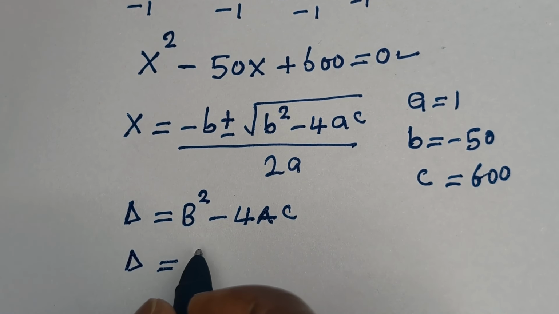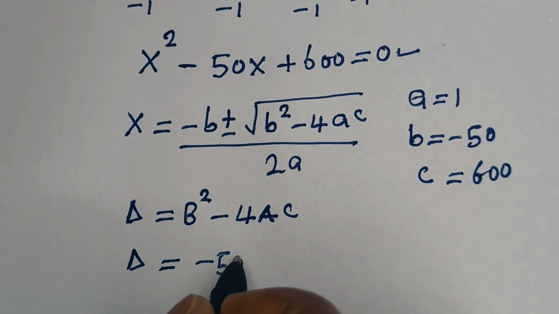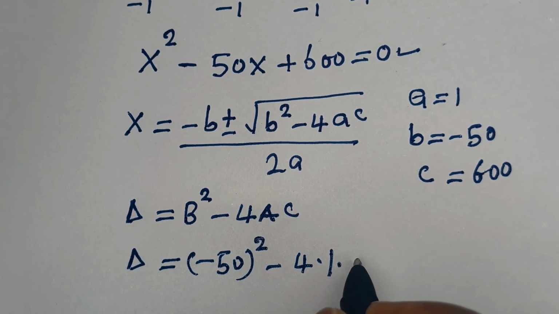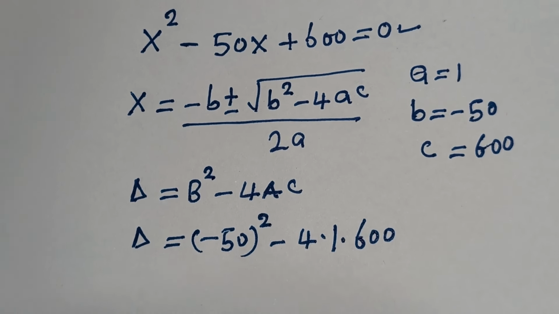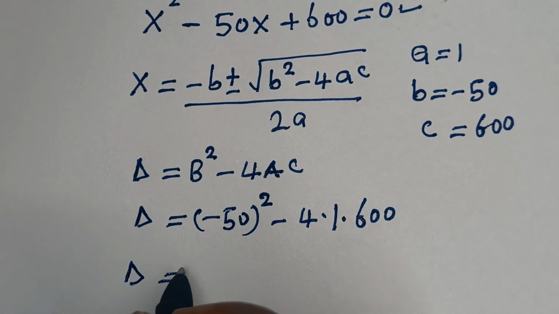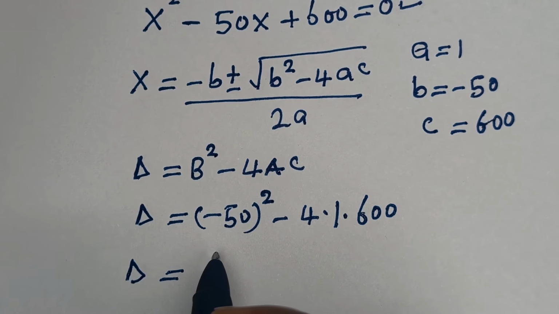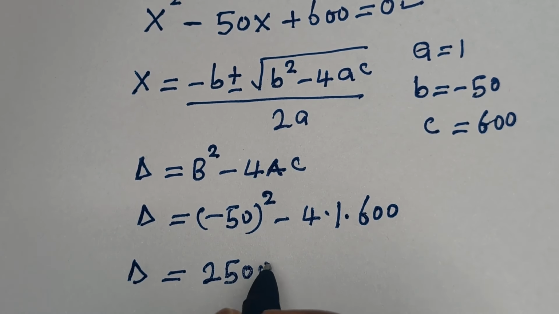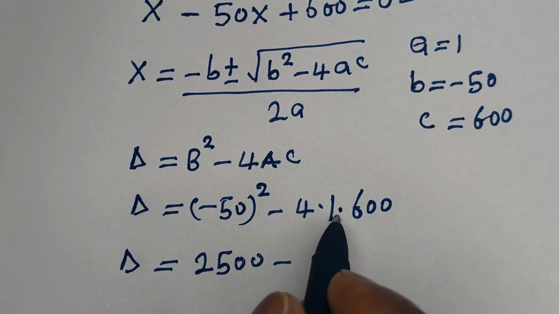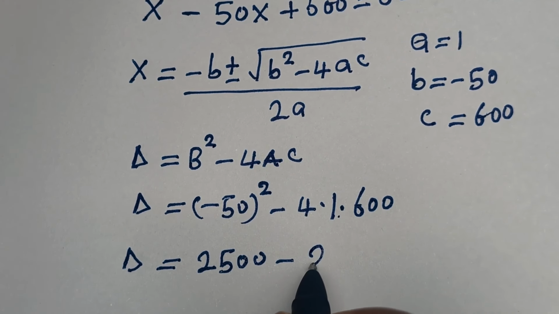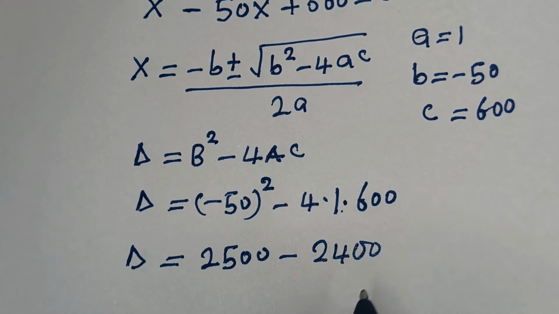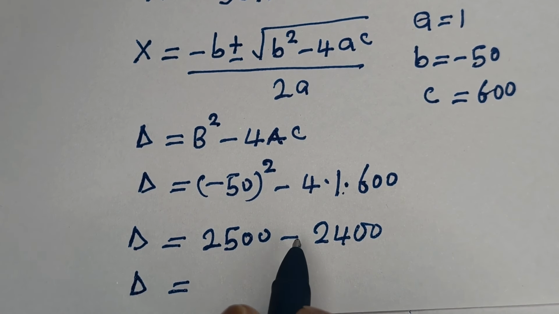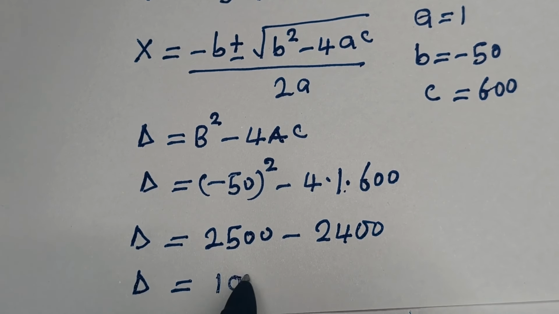This is equal to minus 50 squared minus 4 multiplied by 1 multiplied by 600. Discriminant d is equal to minus 50 squared, that is 2500, minus 4 multiplied by 1 multiplied by 600, this is 2400. Discriminant d is equal to 2500 minus 2400, that is 100.